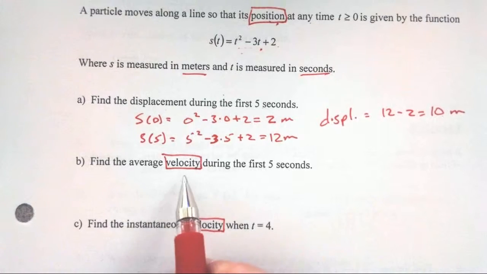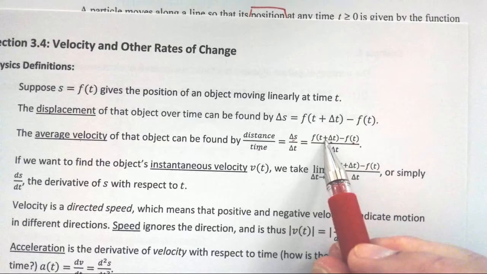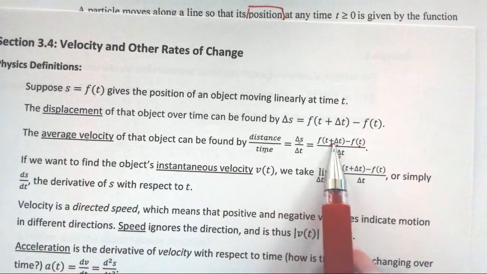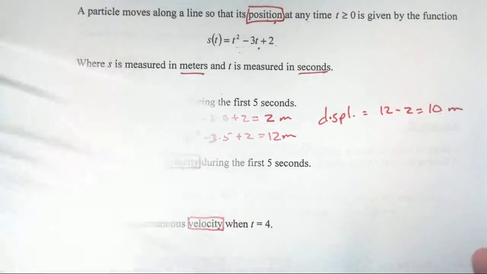If I was finding an instantaneous velocity, yes, I'd want the first derivative. But for average velocity, I just need where I ended up, the position. f is a position function here. I need my ending position minus my original position, divided by my time.